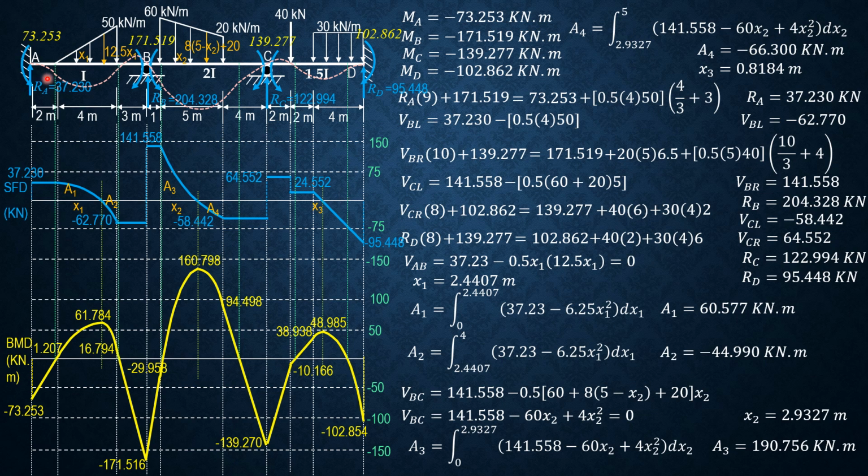So the elastic curve would look like that. It doesn't matter on this portion, it's below. It doesn't matter as long as the concavity is correct for positive and negative bending. So that's it for this problem.